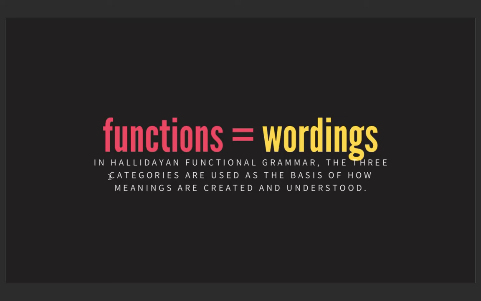So basically, with the proper pattern of wordings or the placement of the wordings, we try to come up with a structure, and that structure creates this function. So we try to match words with functions depending on our own purposes.